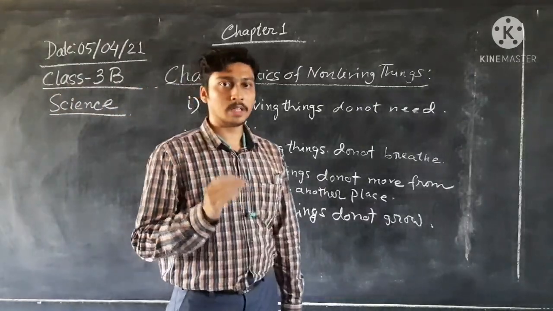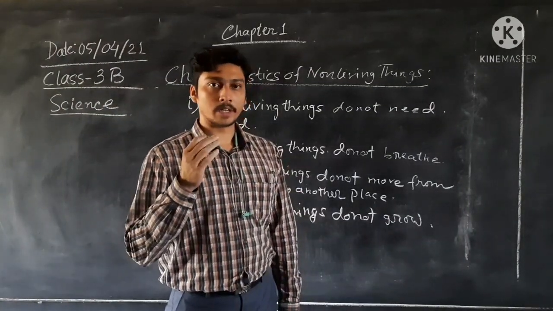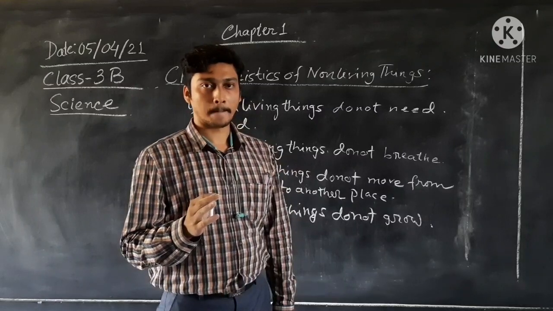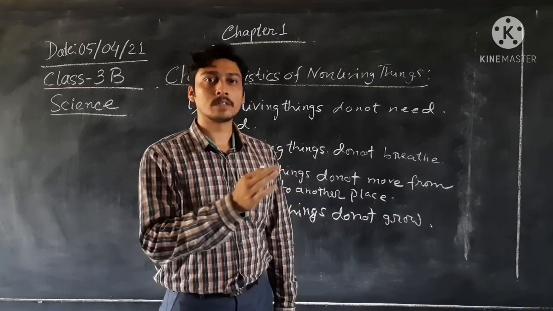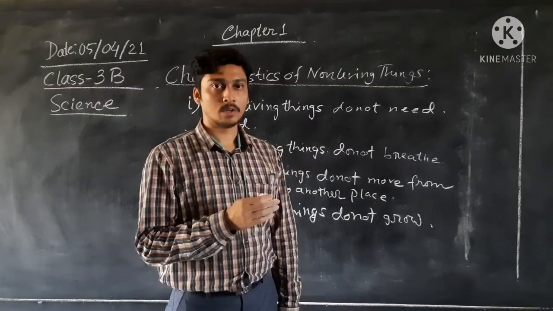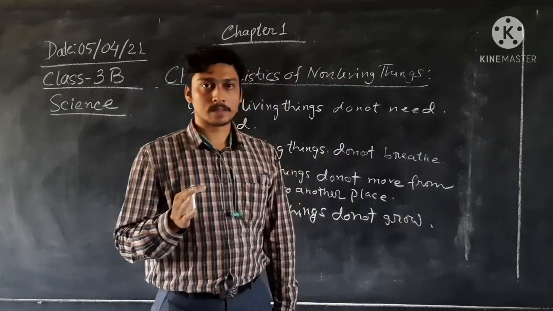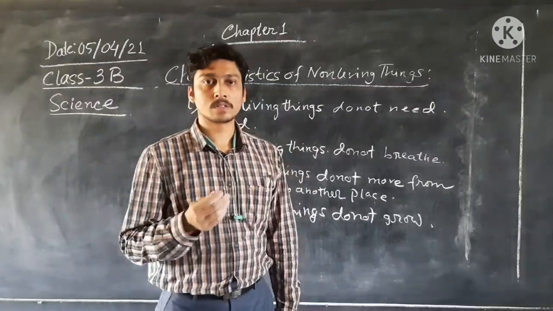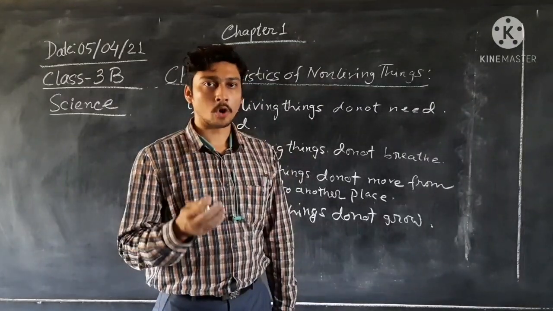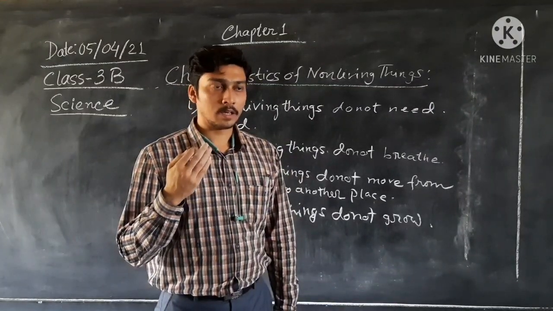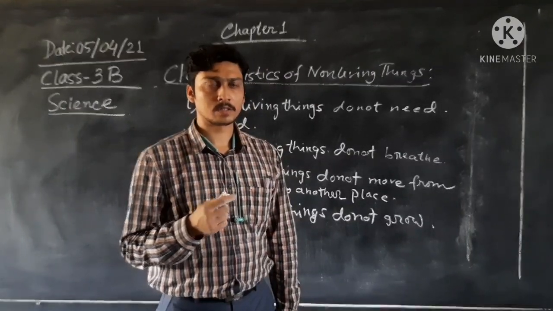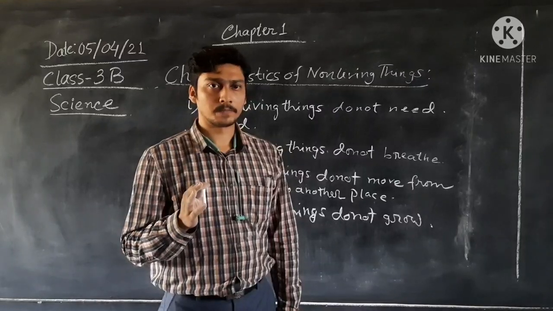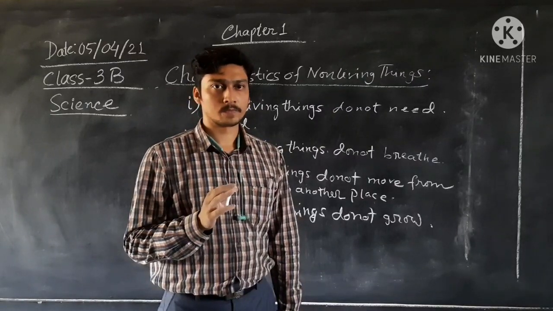And the fifth characteristic: living things can reproduce. Living things reproduce because they have life. All the living things, suppose hens, cats, dogs, humans and all animals, fishes, can reproduce.